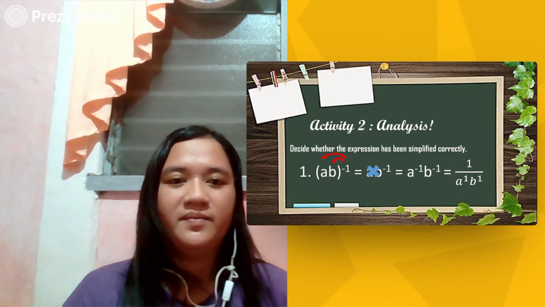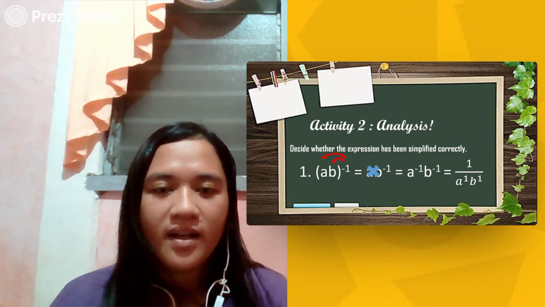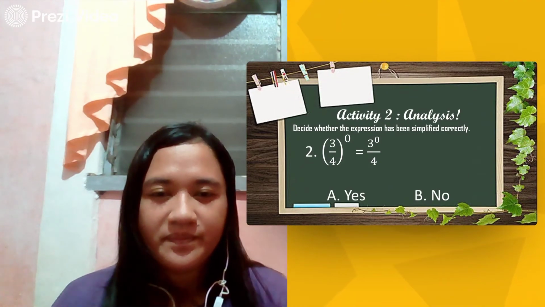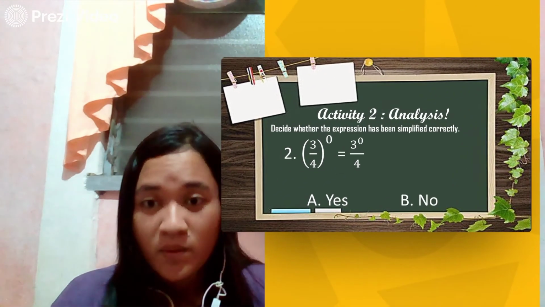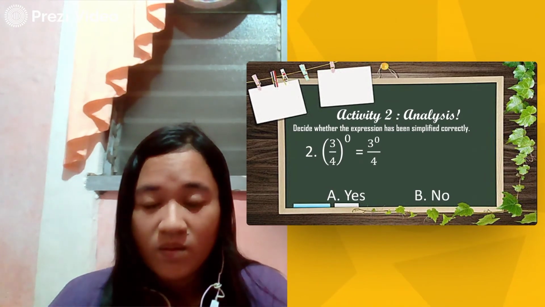Ng lesson. So, next one. So, the quantity of the 3/4 raised to 0 is equals to 3 raised to 0 over 4. Pangutaran na ko ani. Na-simplify ba ni siya? Wala pa siyang simplify.